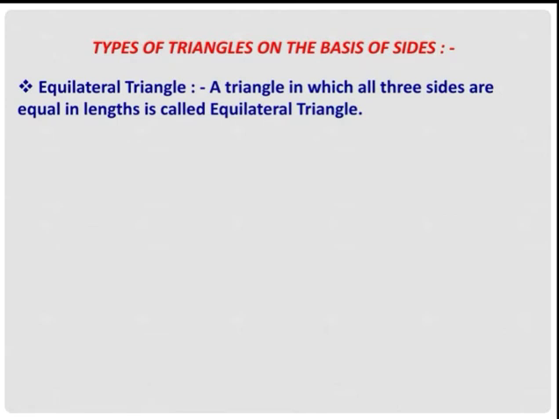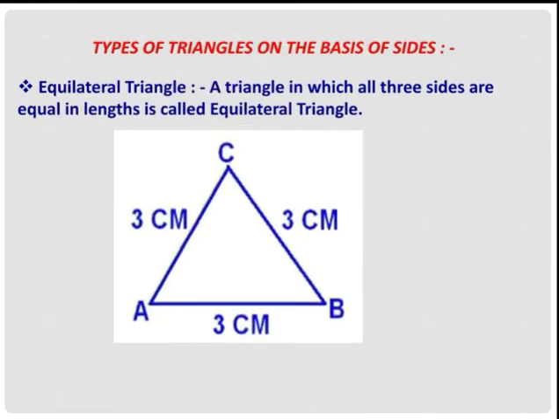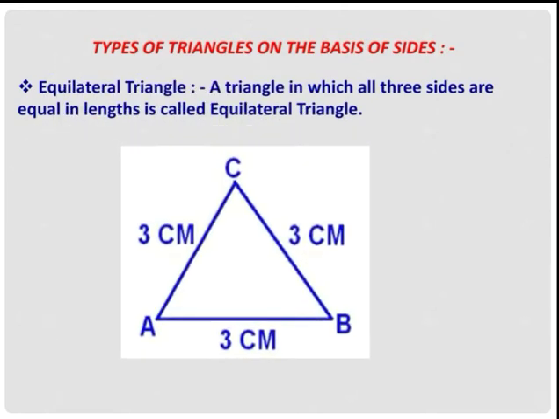Now equilateral triangle. A triangle in which all three sides are equal in length is called equilateral triangle. Let us understand with example. Here equilateral triangle is given. In this all the sides are equal.